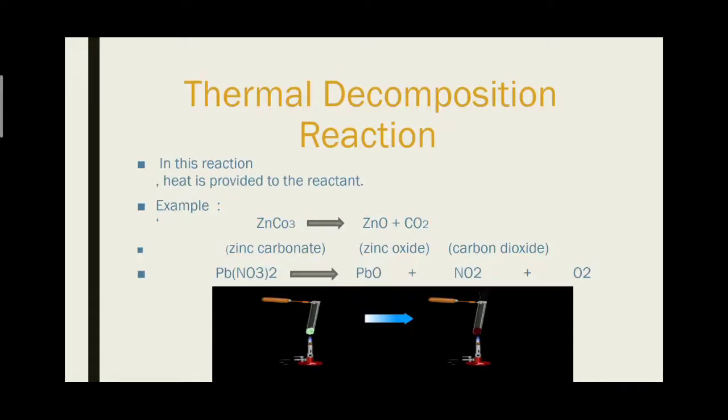The example given in our book is Pb(NO3)2, that is lead nitrate, which when heated gives us PbO plus nitrogen oxide and oxygen. PbO here is lead oxide.